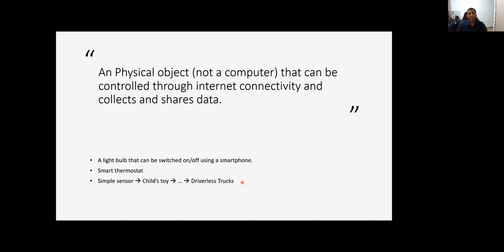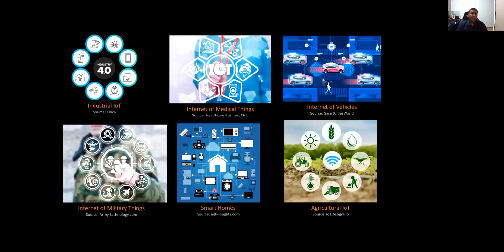You might have other systems inside the truck which are sensing the speed, the acceleration, the direction, and other things. So for safety and security, you might have IoT devices itself. So an IoT might be composed of other IoTs. That's the idea here. Smart cities is one of the examples.